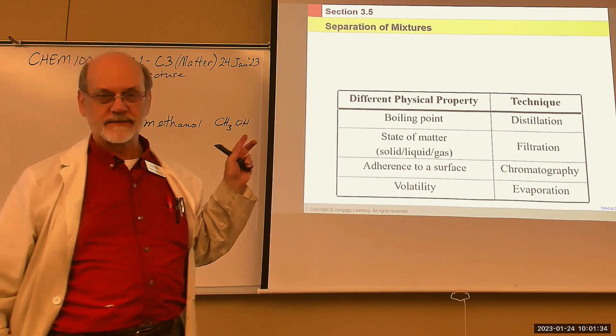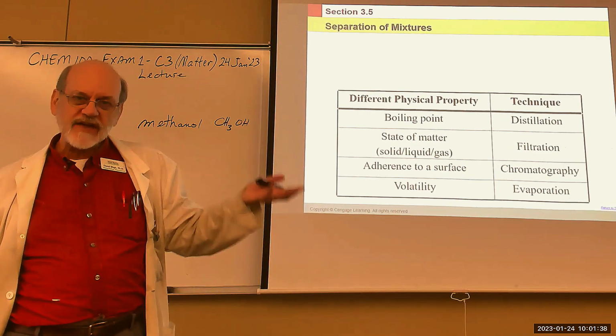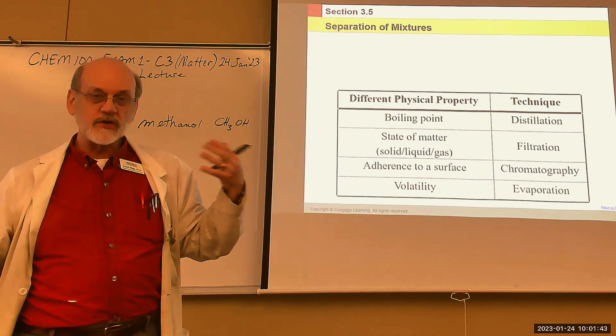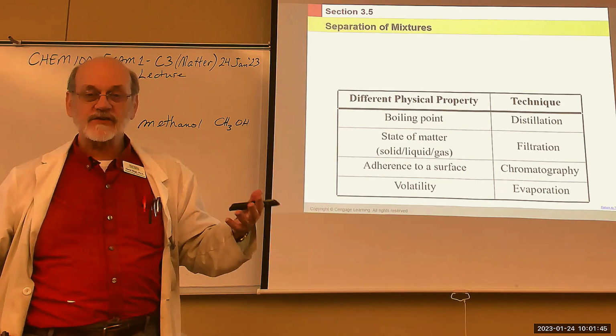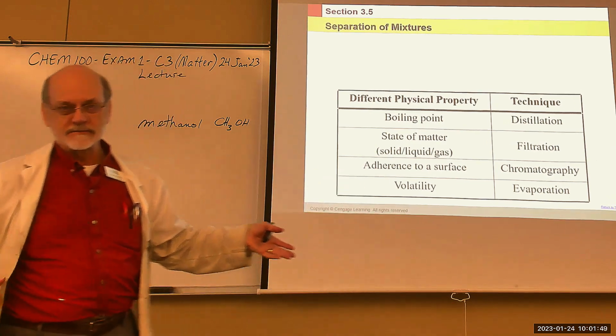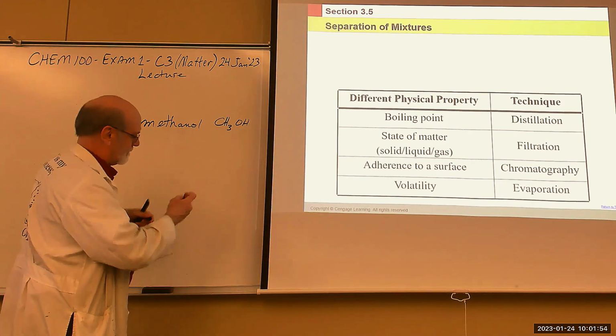It could kill them. So the first thing that comes off when you distill, you catch it, and with experience, you know when you can stop catching it, and now you've got the next component coming off, then you throw that away. That's poison. The next thing that comes off is ethanol.